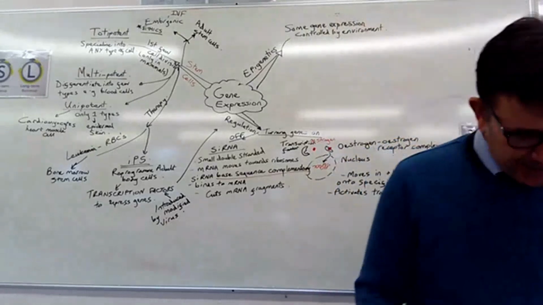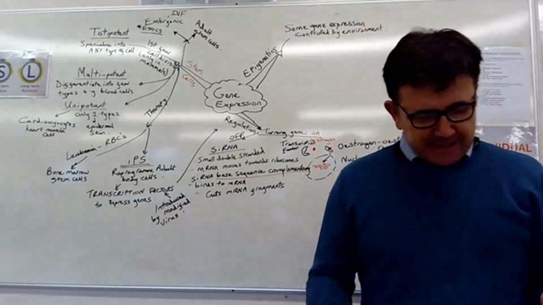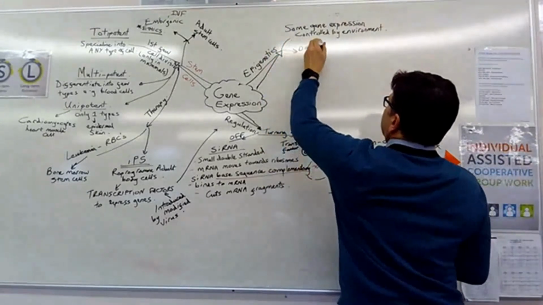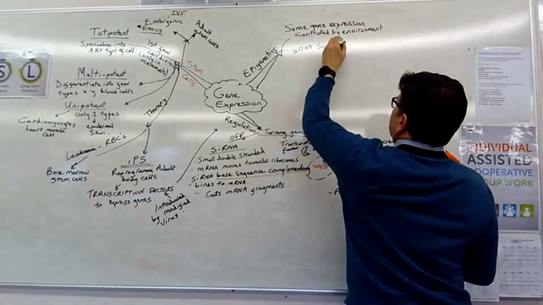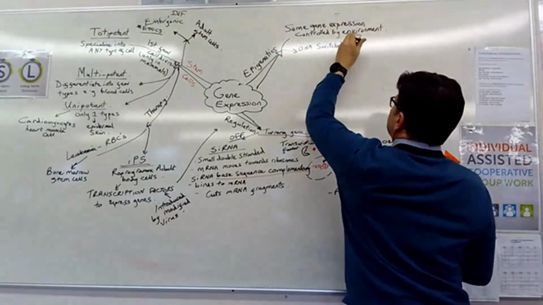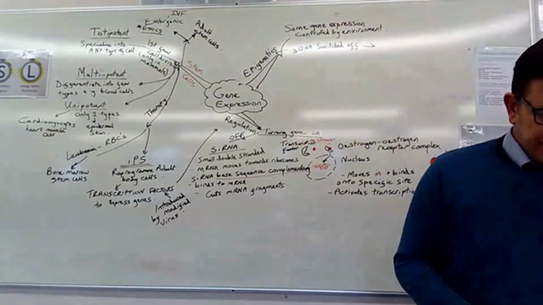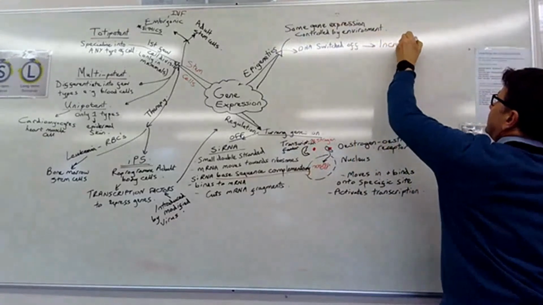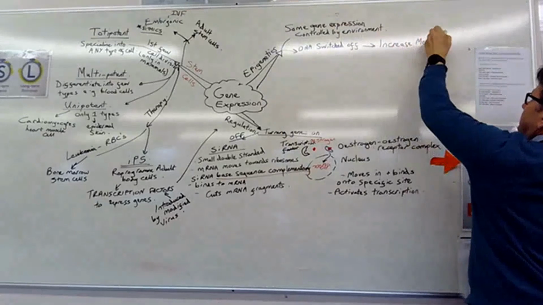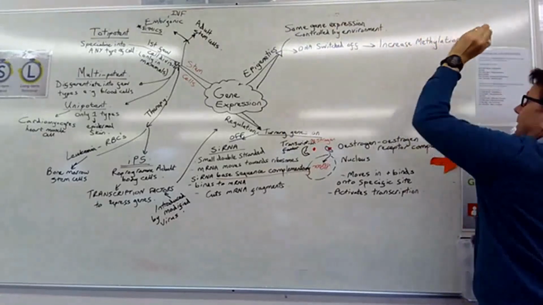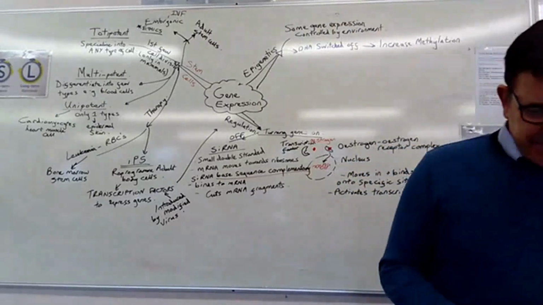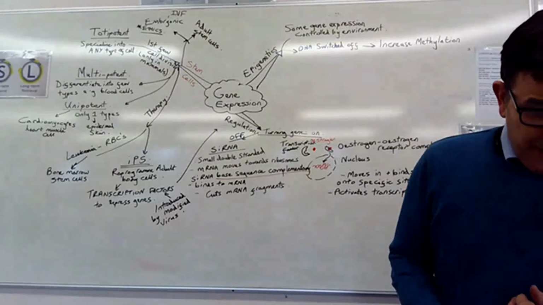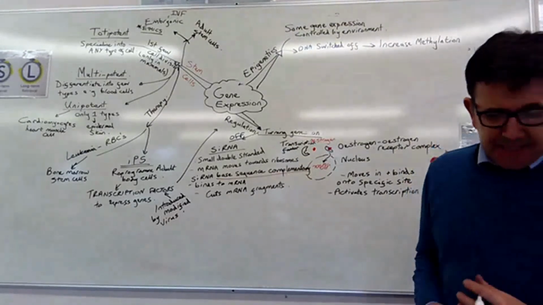Okay, so we're going to talk about the ways that DNA is switched off and on. DNA can be switched off by a process of methylation. So increased methylation. What is that in a nutshell? Basically, it adds a methyl group to two bases in the DNA, and it changes the DNA structure.